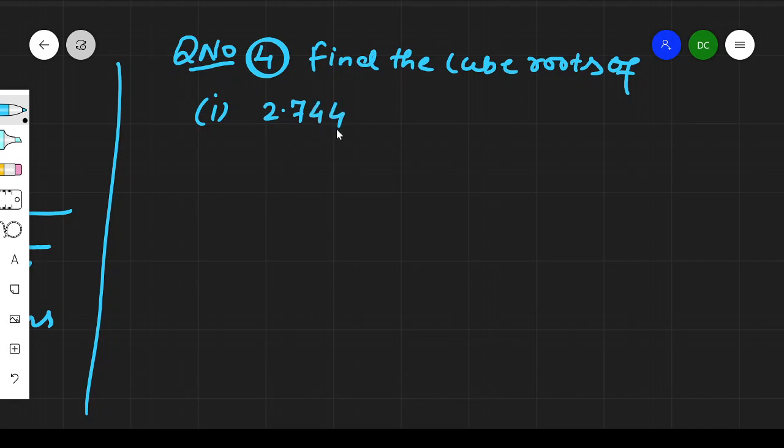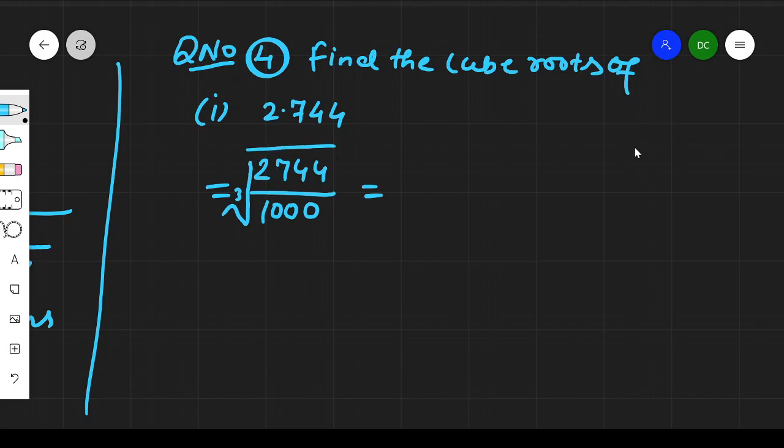Okay, we have to find the cube root of this. So, in these kinds of cases, what will you do now? 2744, and if the decimal is removed, we will have 1000 in the denominator. Can we write this? Simply yes, decimals we have done. Now, we have to find the cube root of this. So, put this symbol.